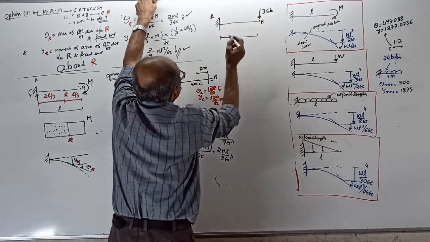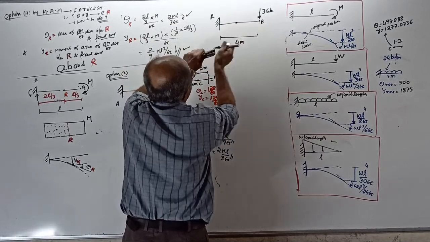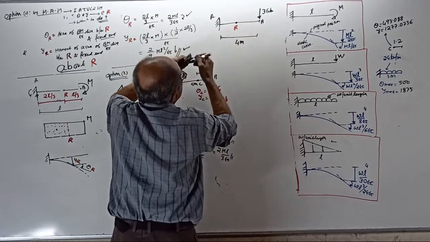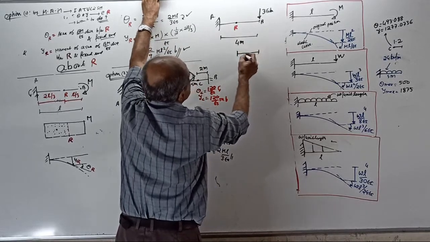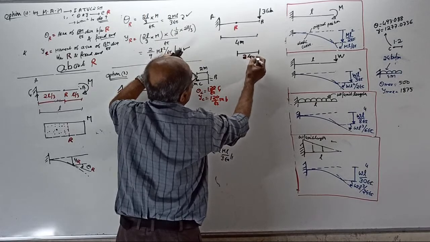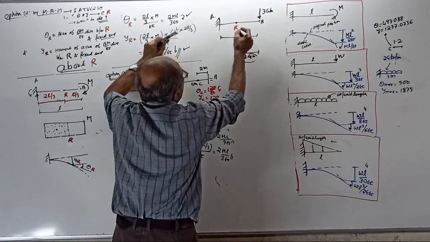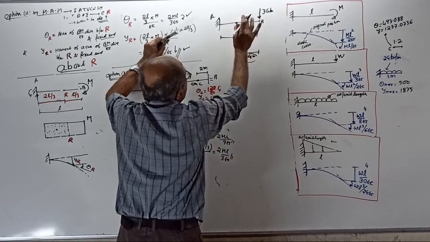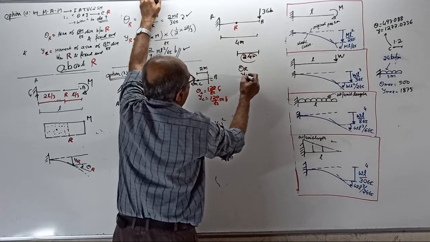It is required to find slope and deflection at a random point R. R is 2.4 meter from the free end, as given in the question. What is the slope and deflection at R? Find theta R and YR.